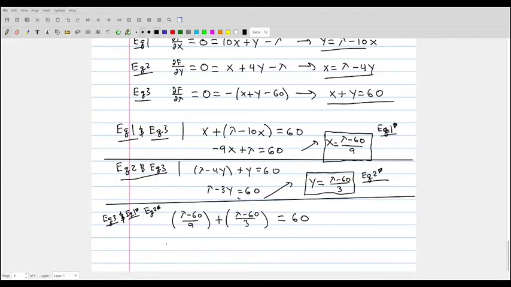That will give us the equation lambda minus 60 plus 3 lambda minus 3 times 60, so 3 times 60 then is equal to 9 times 60, or the equation 4 lambda minus 4 times 60 is equal to 9 times 60.